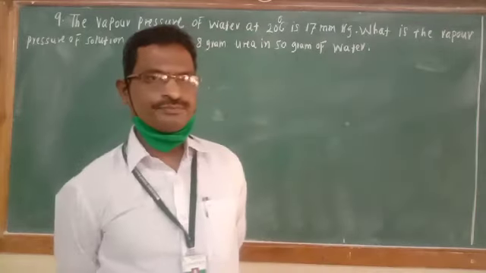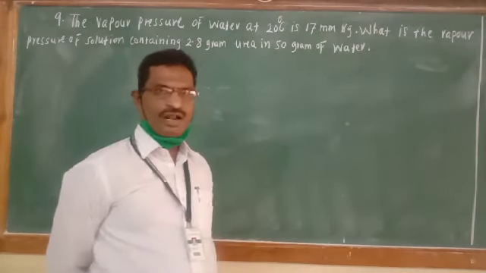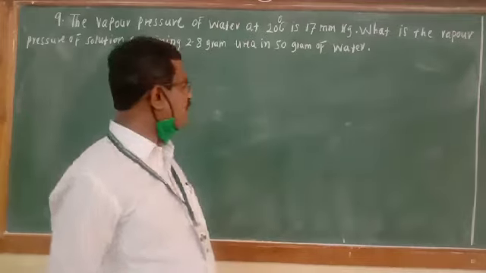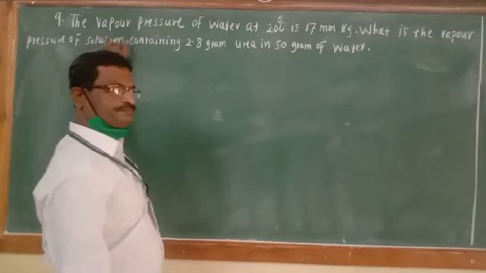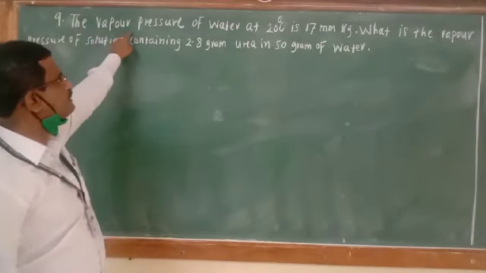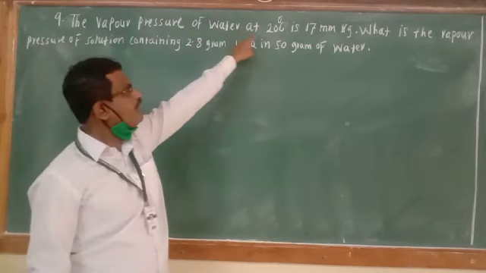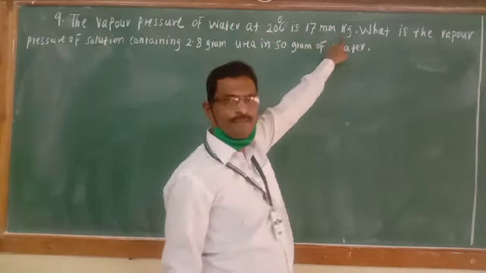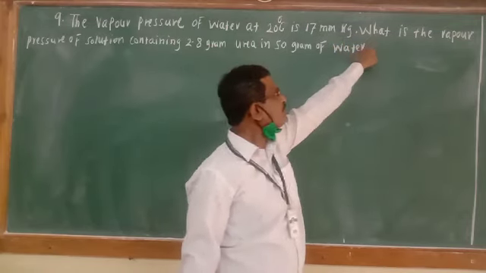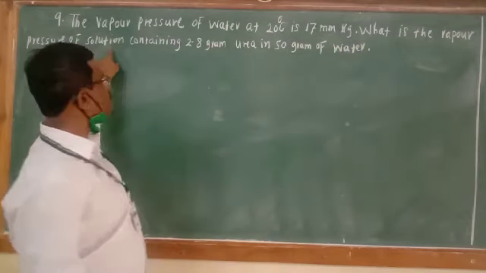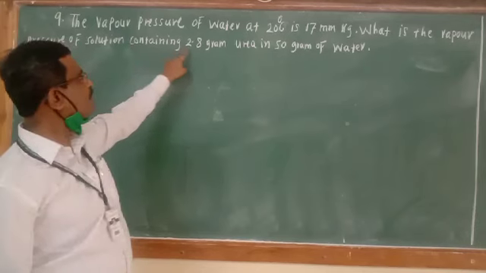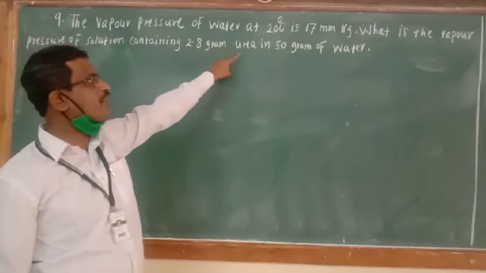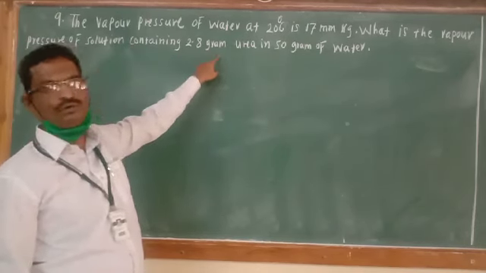In your book, numerical problem number 9 is this one. The vapor pressure of water at 20 degrees Celsius is 17 millimeter of mercury. What is the vapor pressure of a solution containing 2.8 gram urea in 50 gram water?